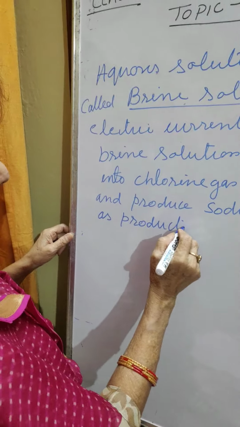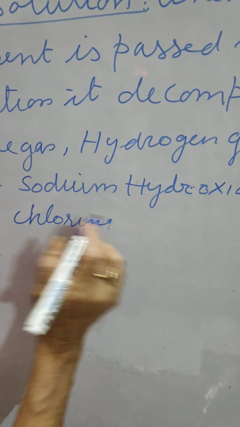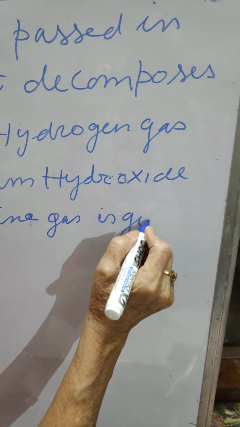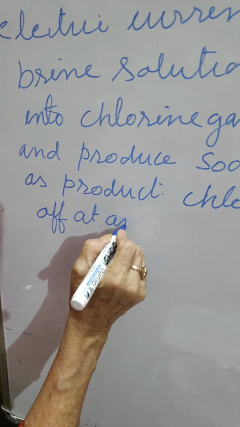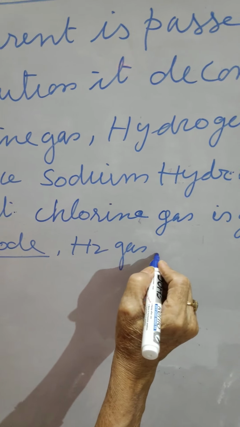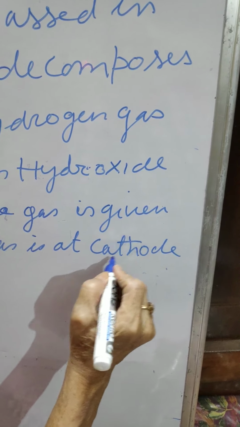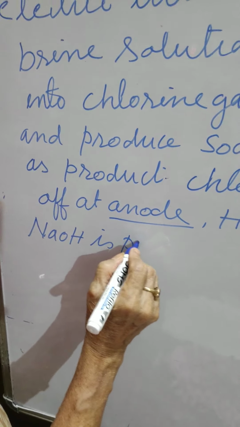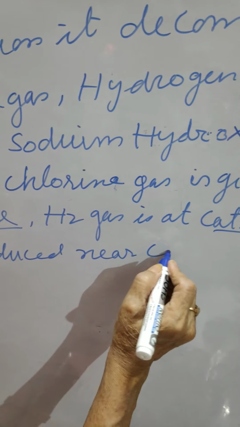And the chlorine gas is given off at the anode, hydrogen gas is at the cathode, and the sodium hydroxide is produced near the cathode.